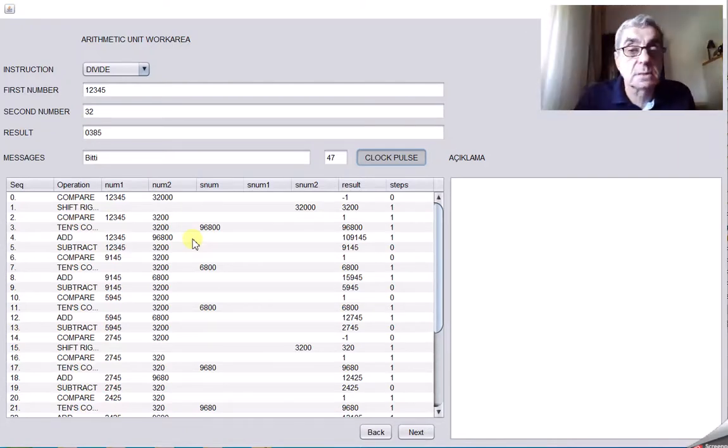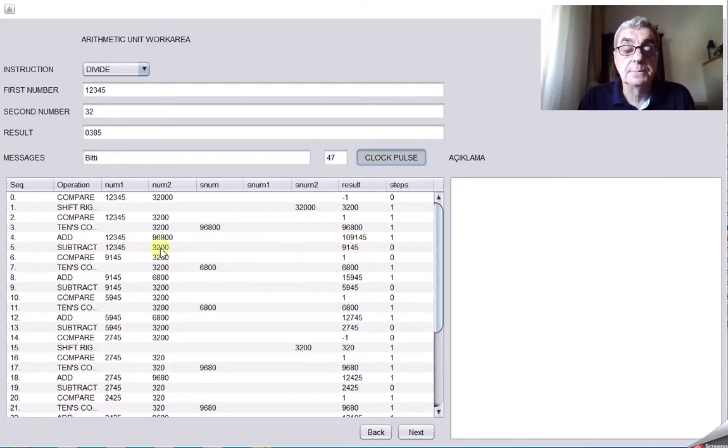So we will get the tens complement of the number and do the addition. Then we subtract the number and get 9,145.